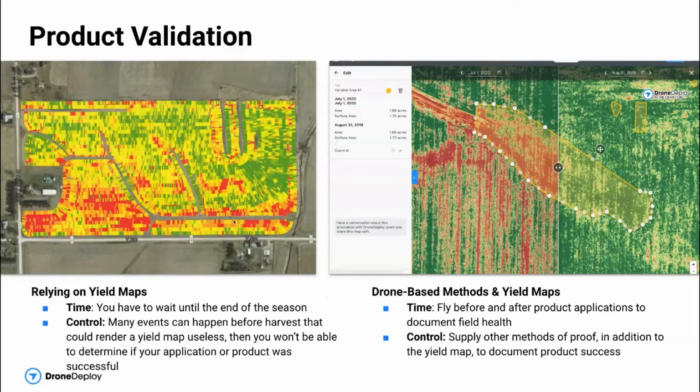So we think this is a really powerful tool to get your product validation and your yield understood throughout the growing season, so you can make better decisions during the season and not wait for lessons learned after the season.